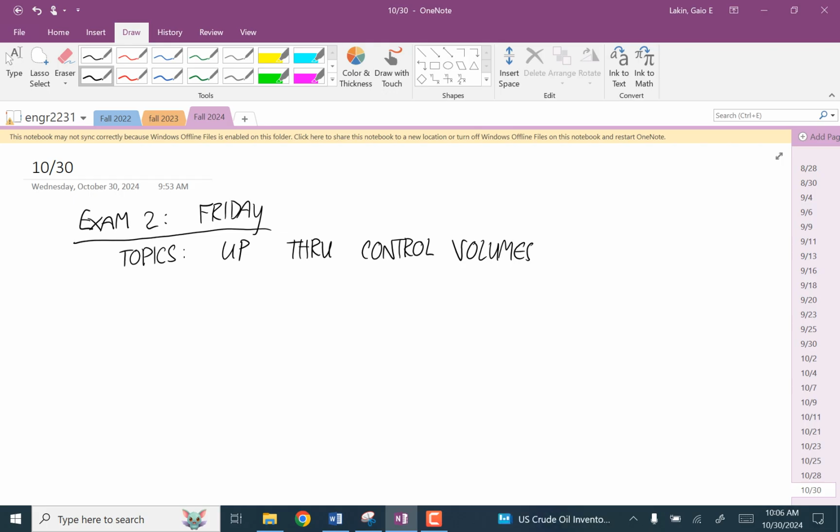So there's none of this second law or entropy stuff. Anybody have any questions on problems or anything about the test? I'd be happy to do anything like that.